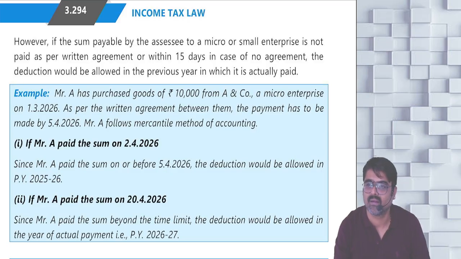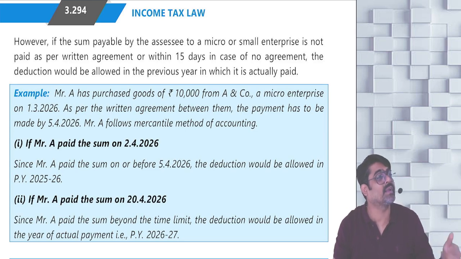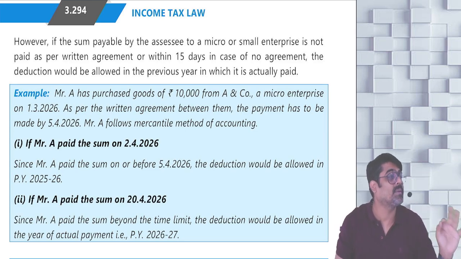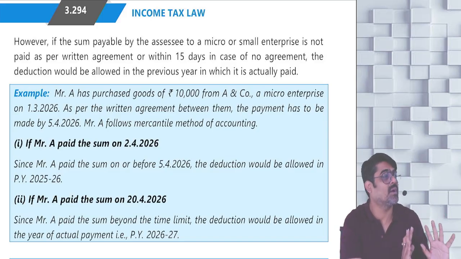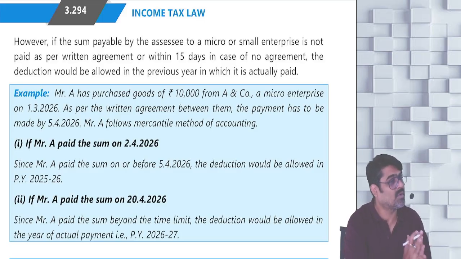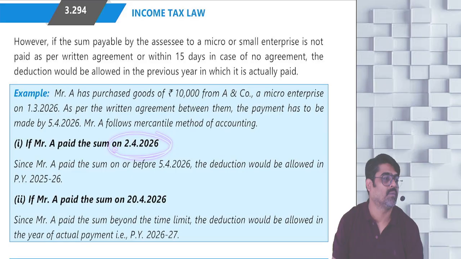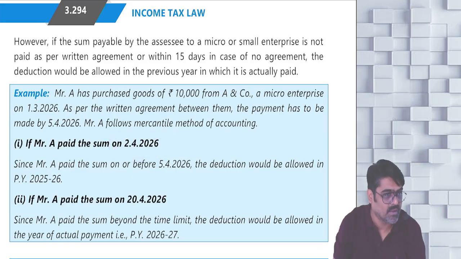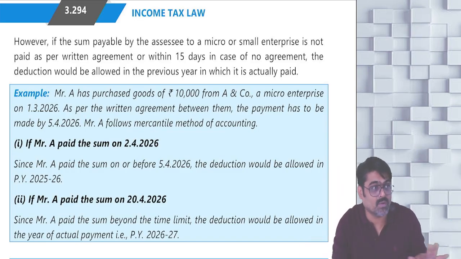Understood? Simple. This year's expense of 10,000 will be allowed in this year if the payment is made on or before the due date of MSME. And what if the payment is made after the MSME due date? Then the expense will not be allowed on mercantile basis.